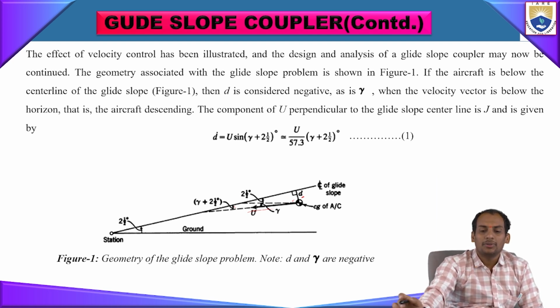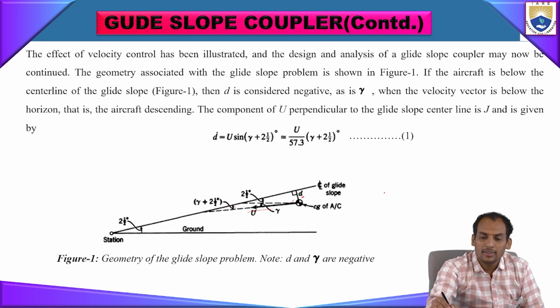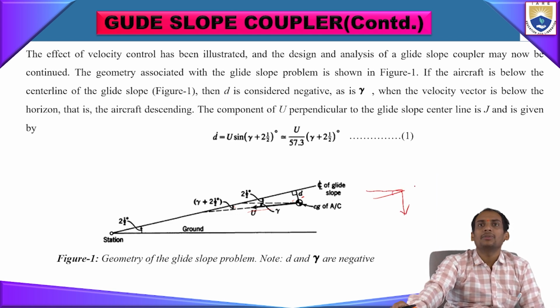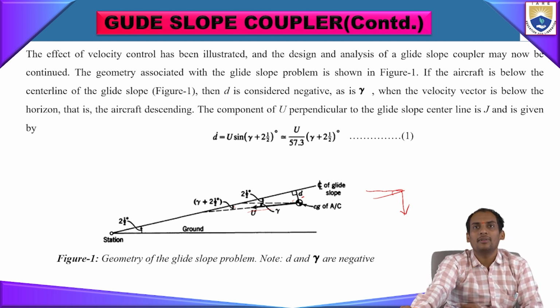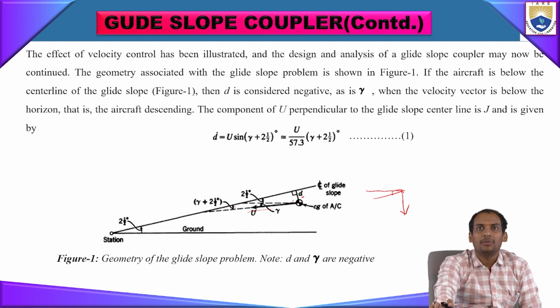If u has an angle like this, this will be the cos component and this will be the sine component. So D is given as the sine component of u, that is u sine of gamma plus 2.5 degrees.